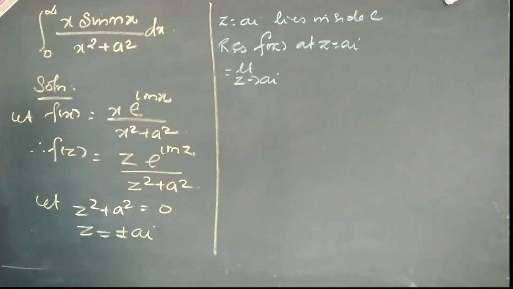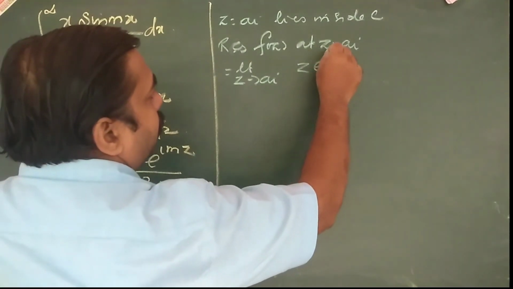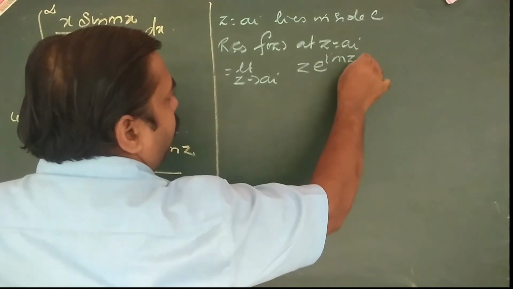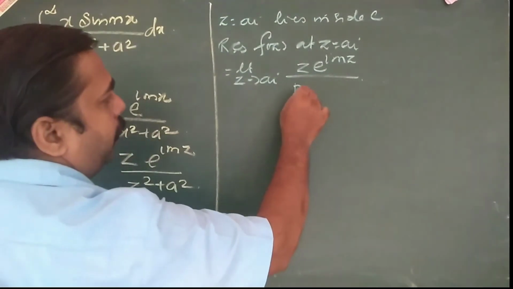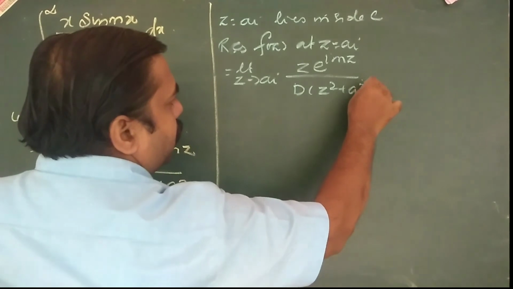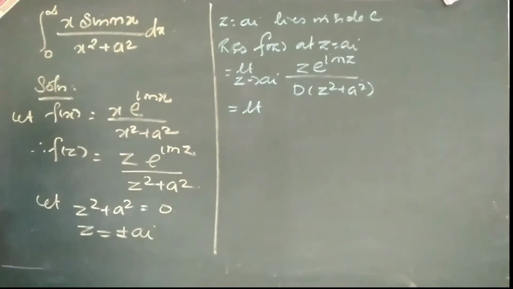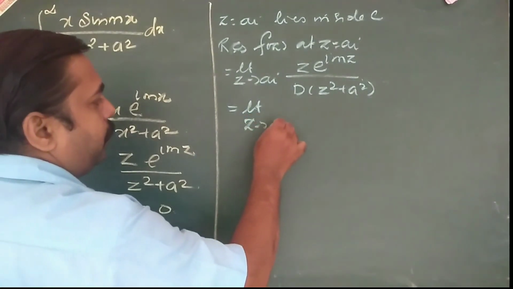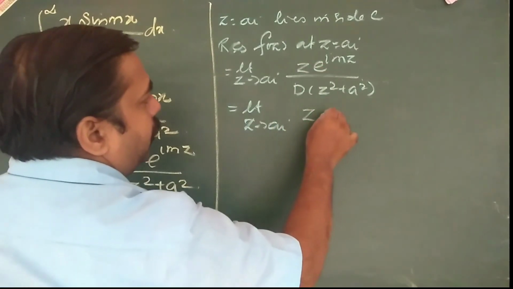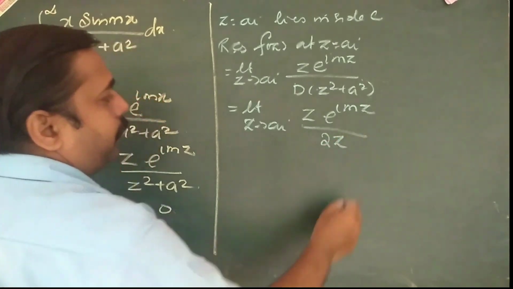Since this is a simple pole, we can use differentiation, that is e raised to imz divided by the differentiation of z square plus a square. So that is equal to the limit as z tends to ai of z e raised to imz divided by 2z.